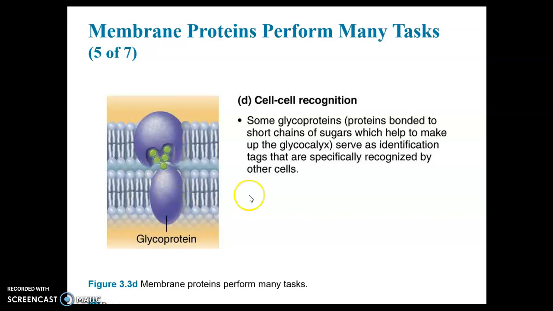And they can serve as tags that are recognized by other cells, especially if the other cell is a cell of our immune system. So our cells of our immune system will recognize this as belonging to a cell that is a part of our body. We call it a self cell, S-E-L-F, self.